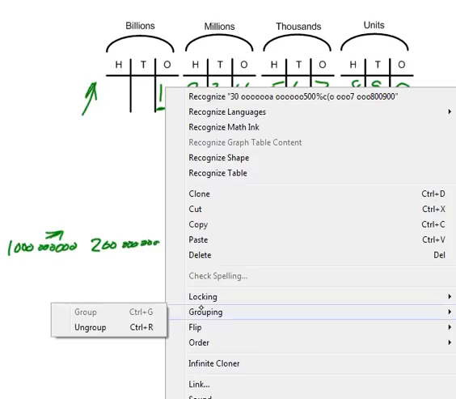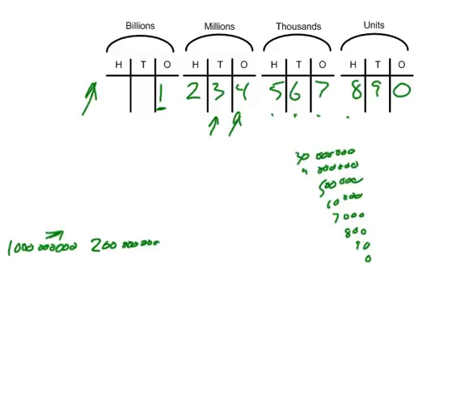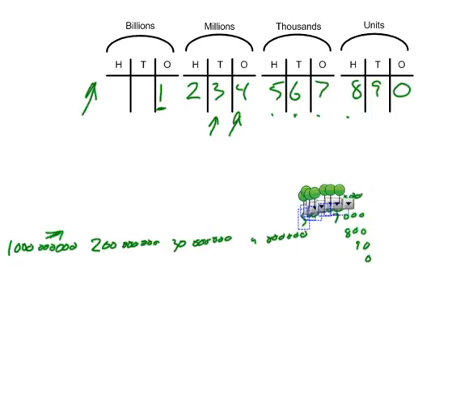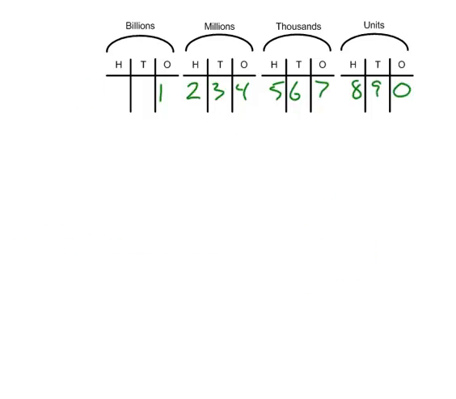We're going to ungroup the digits. This is getting a little bit too hard to read. Once again, we're going to pause. Now we have this number in its place values.